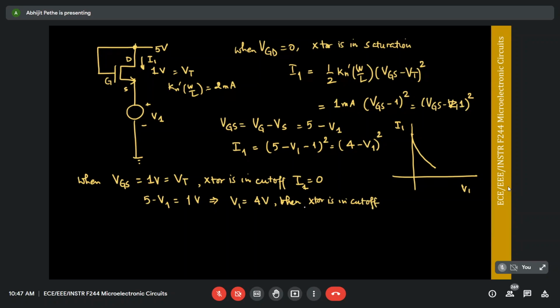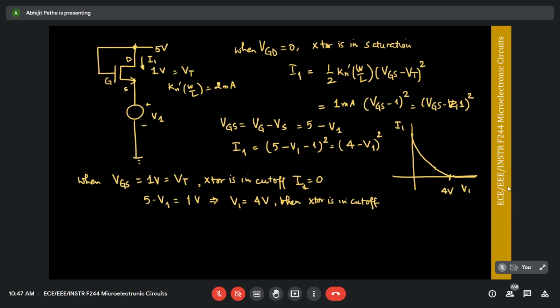So for any voltage V1 equal to or greater than 4 volts, VGS becomes less than 1 volt. And since 1 volt is your VT, that essentially means the transistor is cut off. So there's no current flowing through this circuit when V1 is greater than 4 volts. Essentially, this current is going to be parabolic till it hits 4 volts, and at that point the model changes and it becomes a pure 0 current.